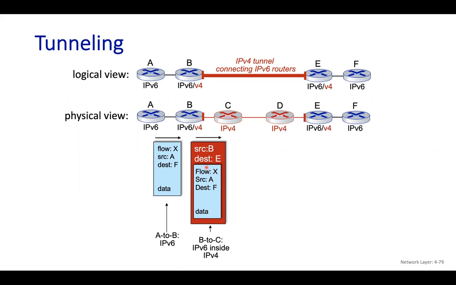You need to wrap things within IPv4. So you can see here, actually the message should be sent from A to F, but after you encapsulate, I think here is the important thing: the source is changed to B, and the destination is changed to E.